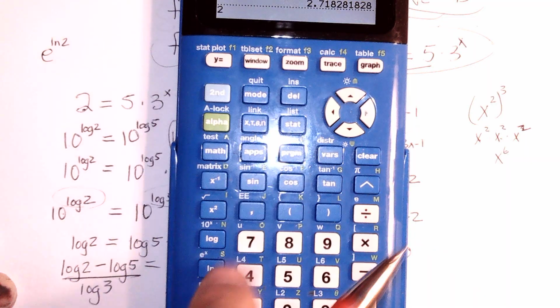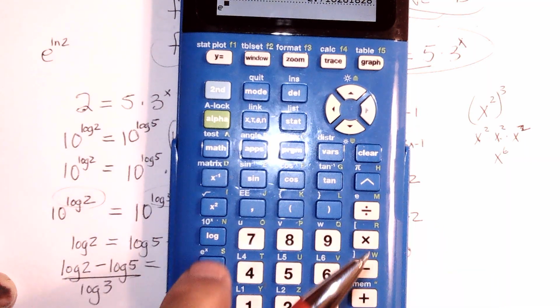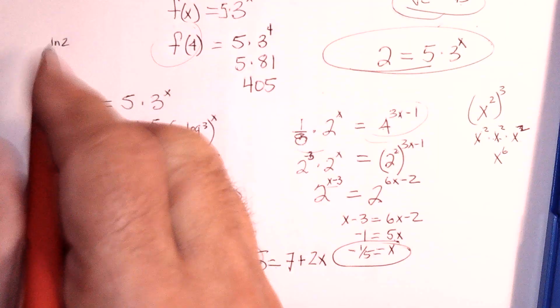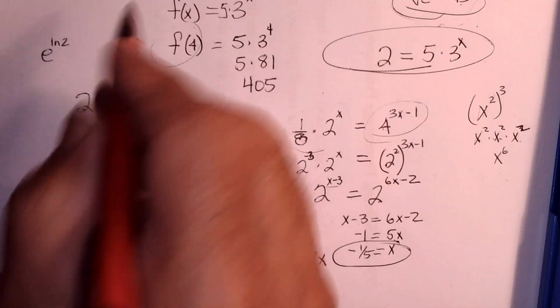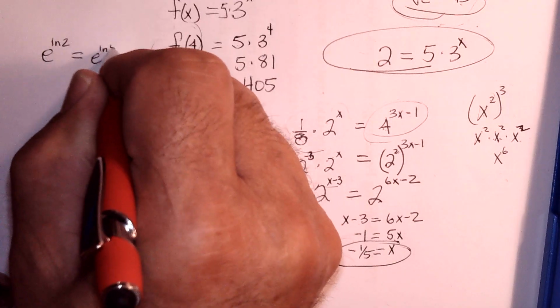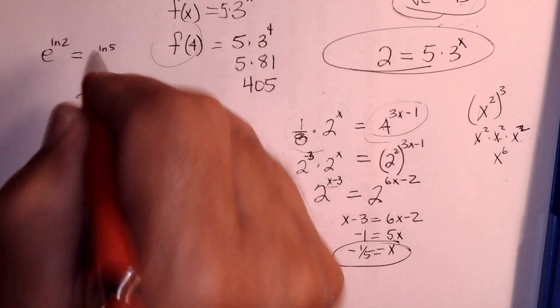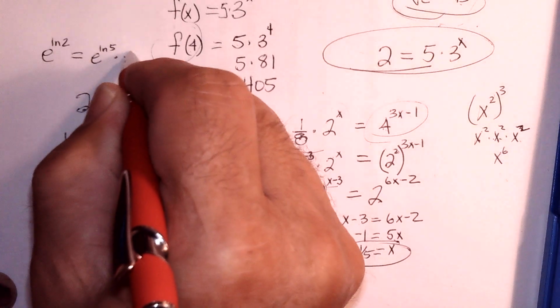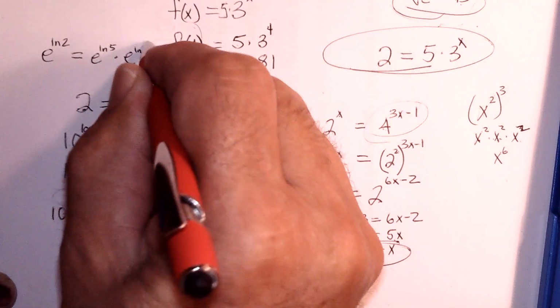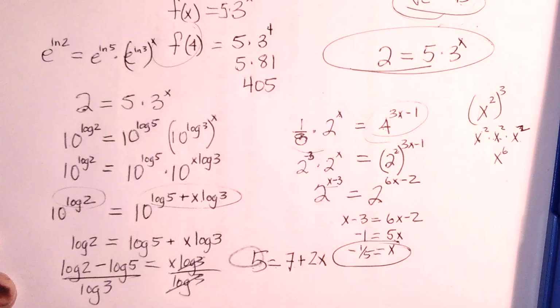e to the ln 2 will be 2. That's another name for 2. 5 is e to the ln 5. And 3 is e to the ln 3, and that was to the x.